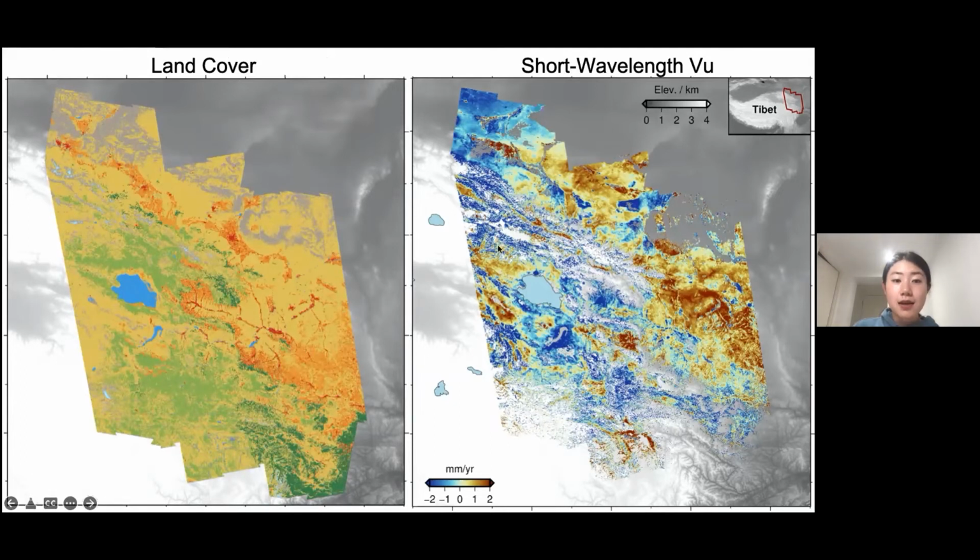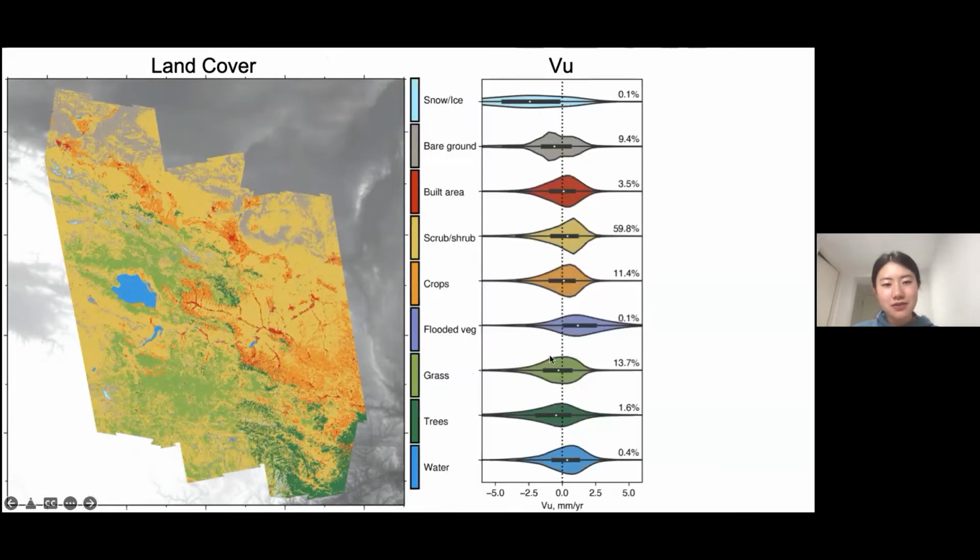We can calculate a one-to-one correlation between each of the classes and the corresponding pixel in the vertical velocity map, and that gives us this result.